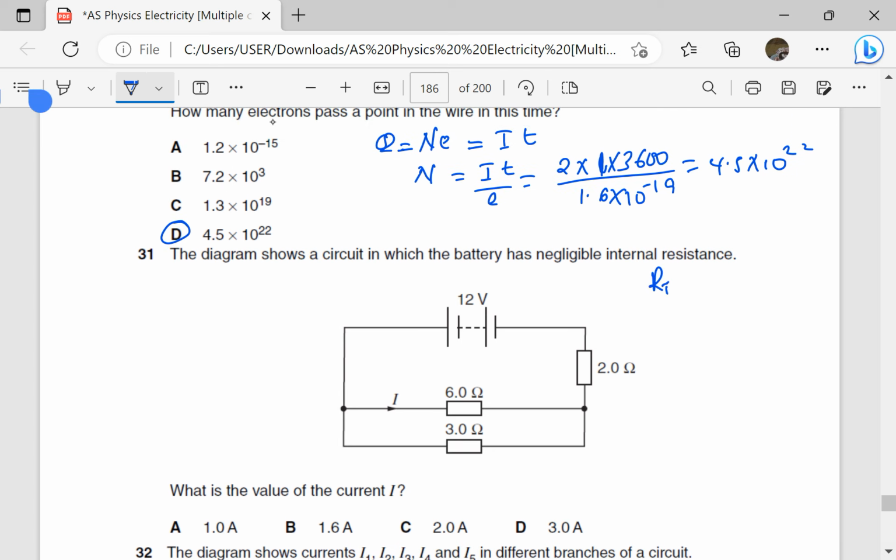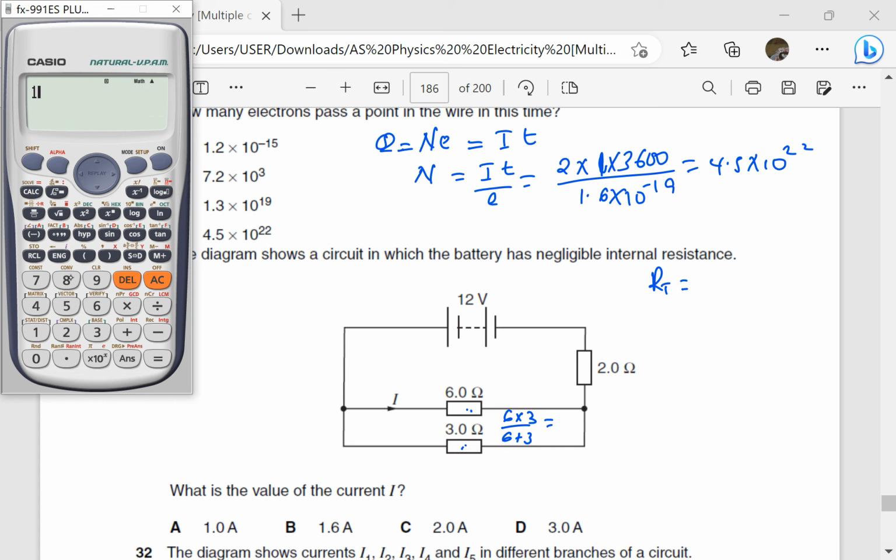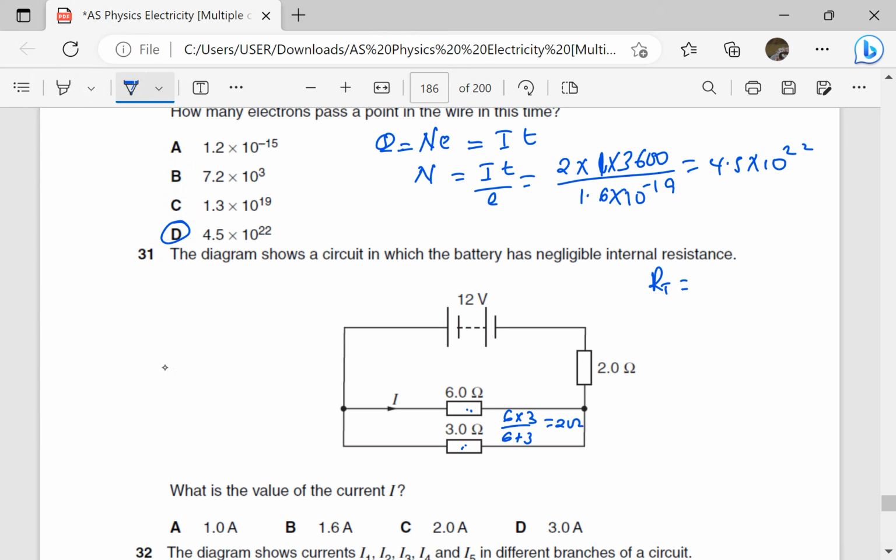Total resistance R total is going to be, these two are in parallel. Because they're in parallel, the product over the sum will give us total resistance in parallel. So that is 6 times 3 over 6 plus 3, which is 18 divided by 9, which gives us 2. So the two in parallel give us a resistance of 2 ohms.